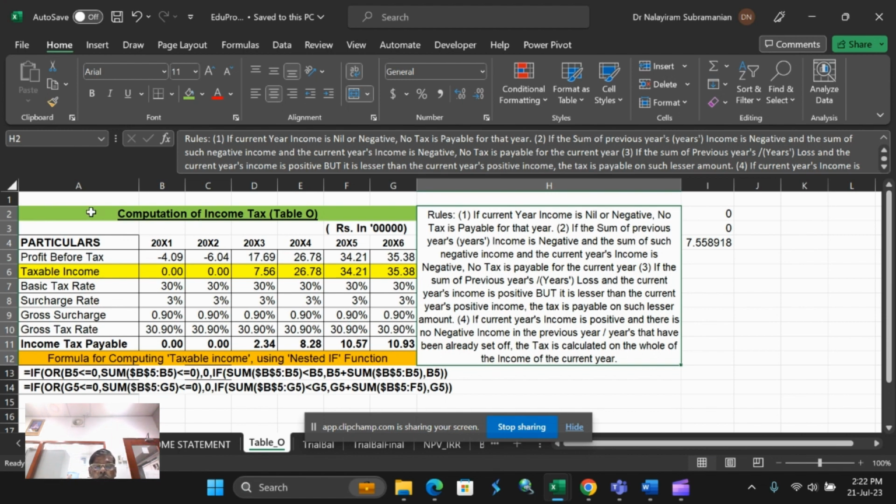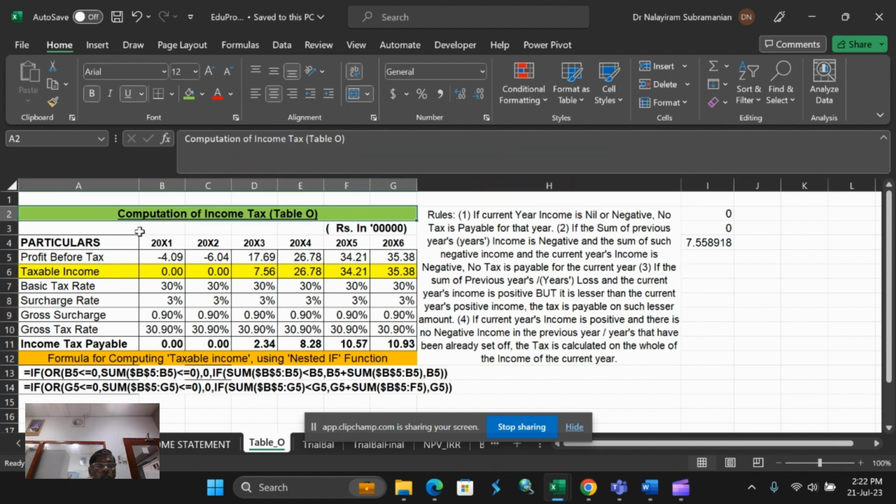As you can see here, the table is on computation of income tax and the particulars are given: profit before tax, then taxable income. I'm not going into detail about the concepts behind the computation of tax.